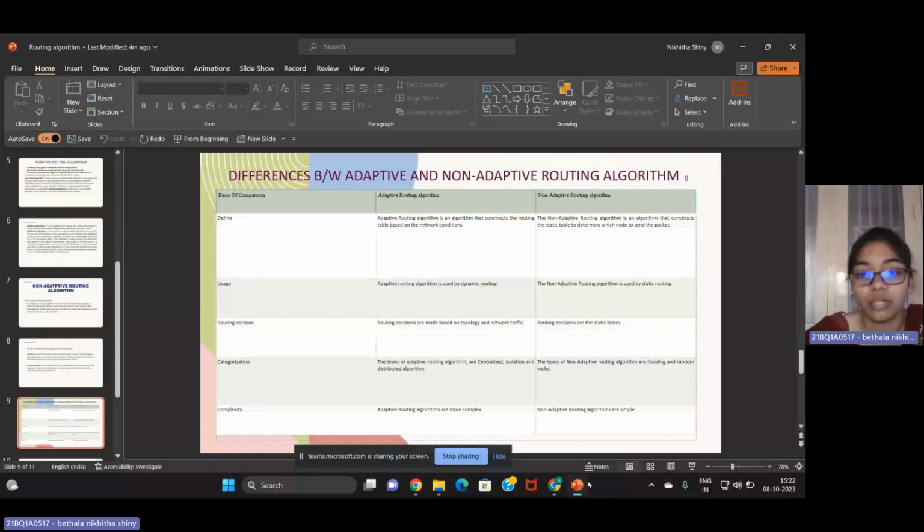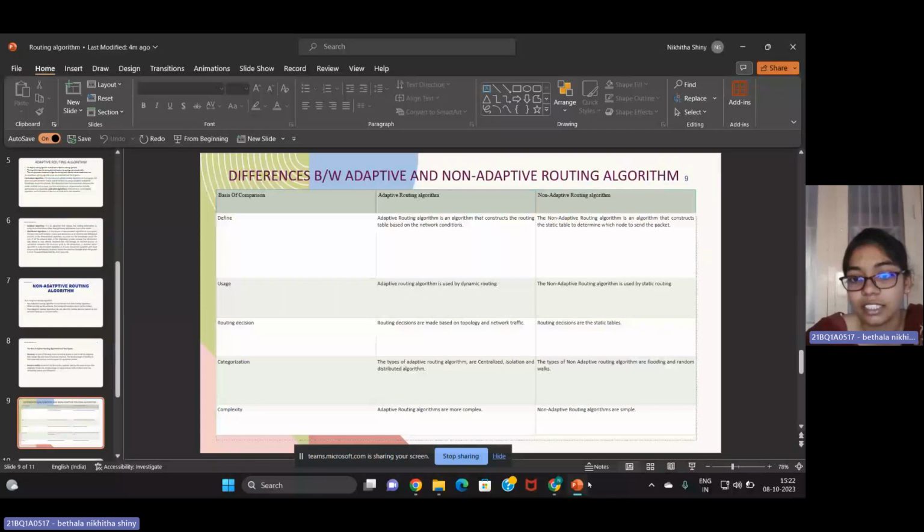Routing decisions are made based on topology and network traffic in the adaptive routing algorithm, while the non-adaptive routing algorithm takes decisions based on the static tables that were made, to decide which node to send the packet to.